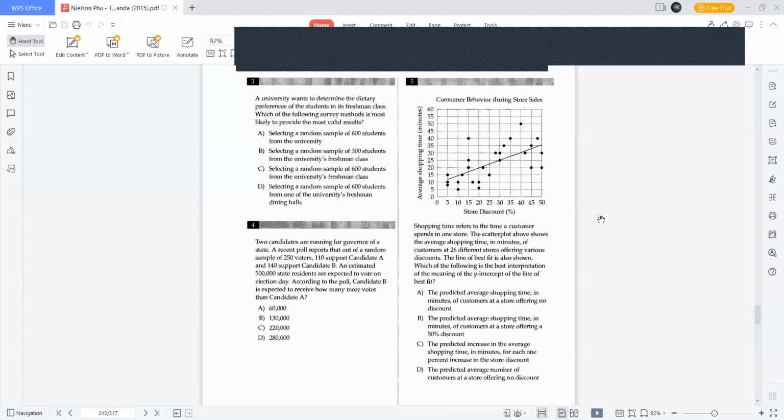Okay, so any answers for what the y-intercept of the line of best fit means?